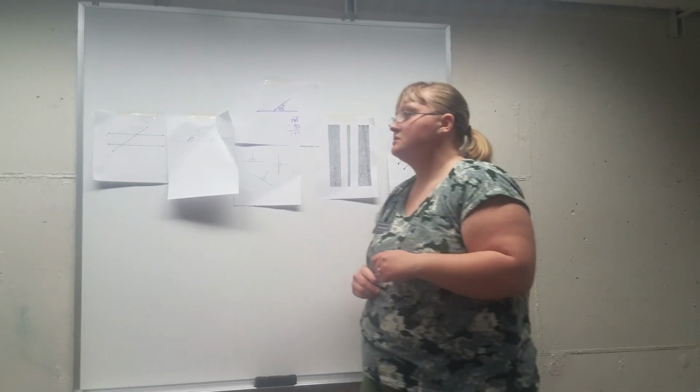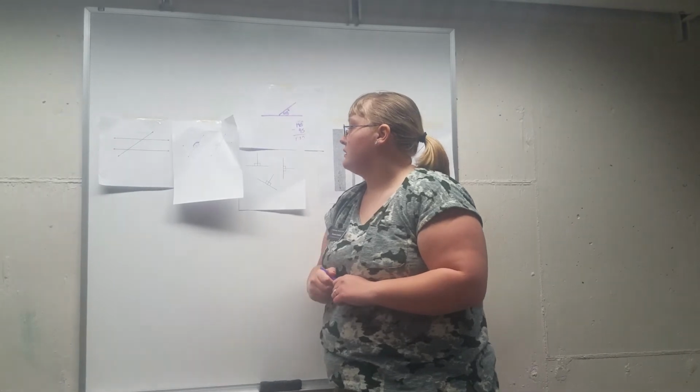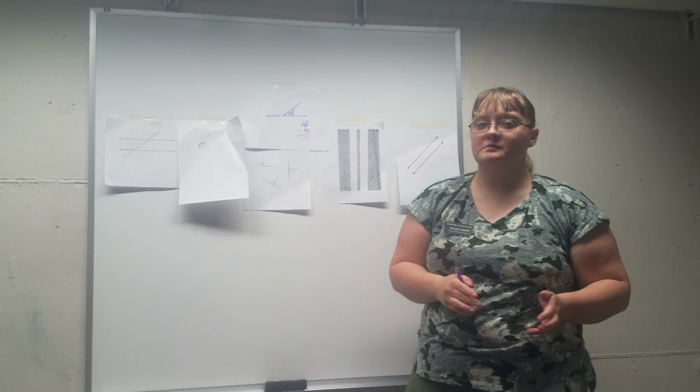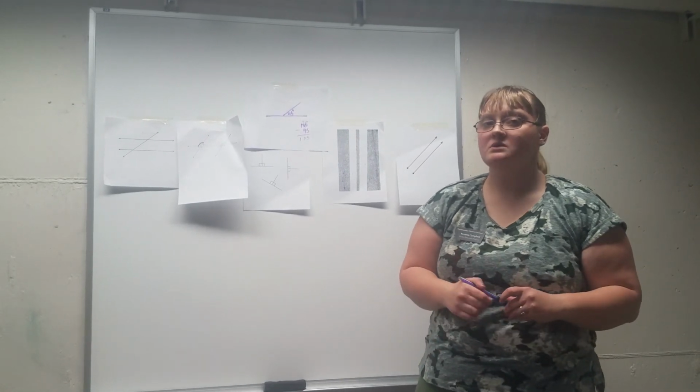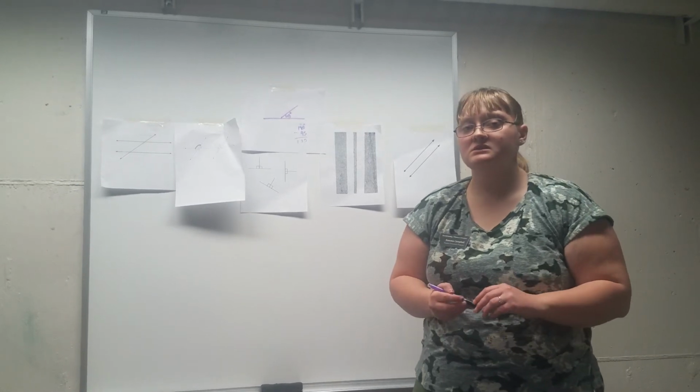And this works when you know one angle. There's a whole bunch of different equations, but we'll get into that later about how to use those equations to find specific angles.